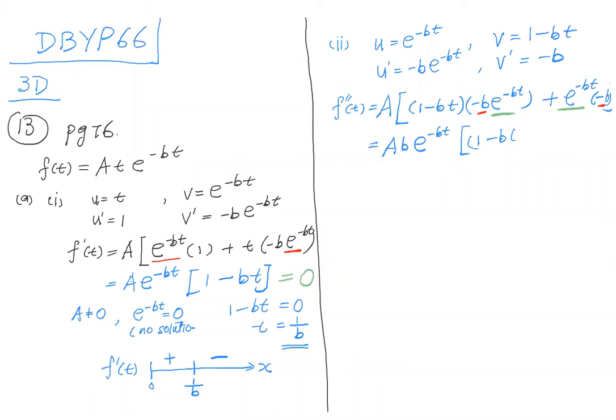And here is a negative 1 plus, here is also a negative 1. Or we should take out negative b. It doesn't matter. Okay, so just do.